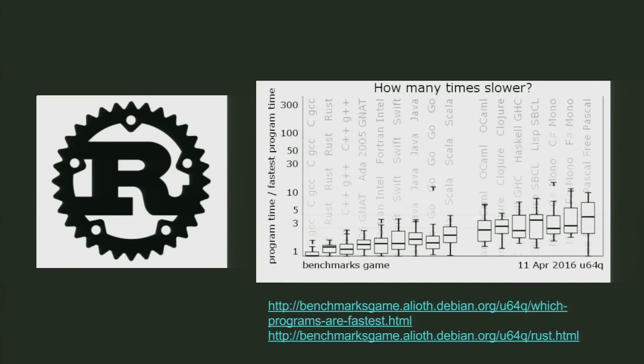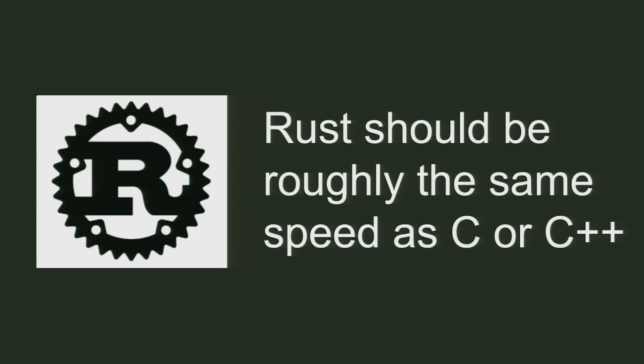And in our production users, I will talk a little more specifically about why. This is sort of a general rule: Rust should be roughly the same speed as C or C++. If not, that's a bug. There are lots of bugs, so please file them if you use Rust and find them. But this is the mental takeaway in terms of thinking about language performance that I want you to have in your brain: Rust is in that class of languages, generally speaking.